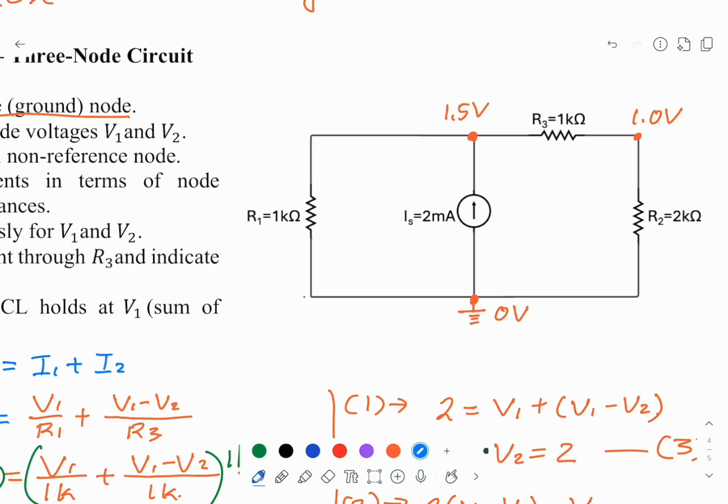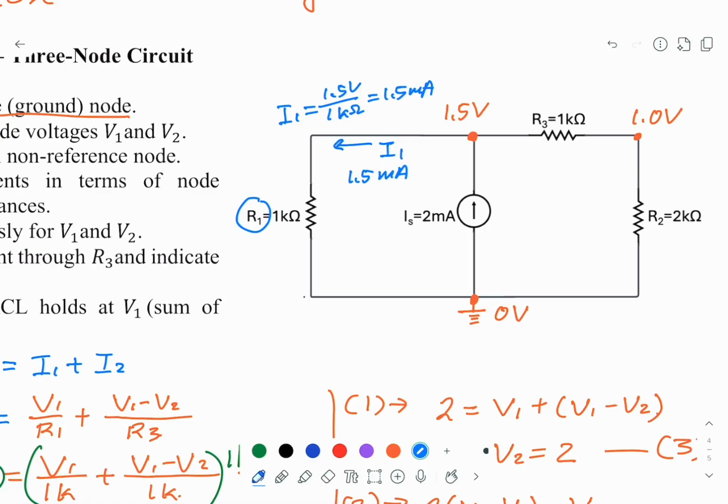So the current passing through R1, our assumption I1, must equal 1.5 volts over 1K ohm, so it's equal to 1.5 mA.